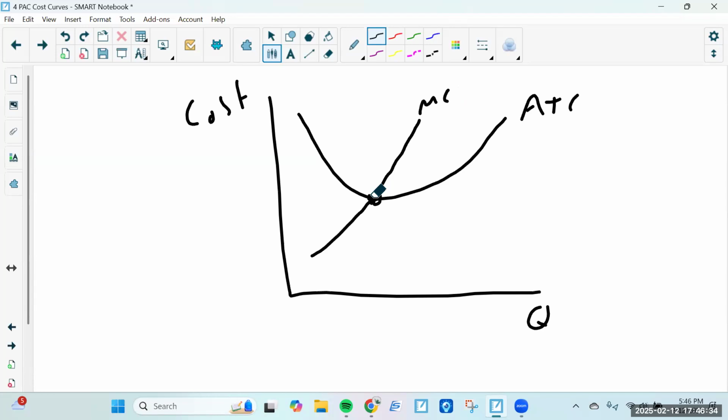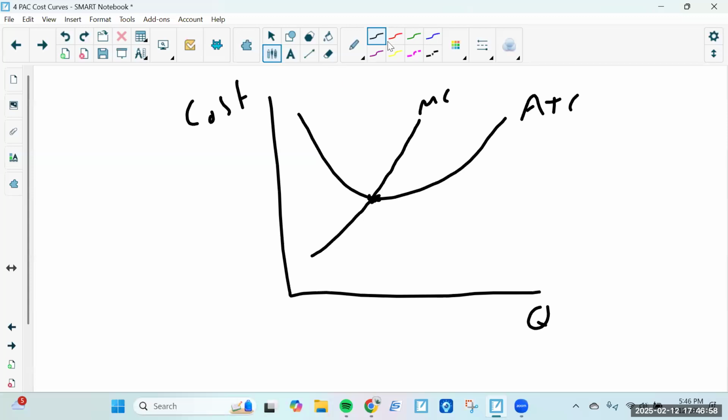Now I'm telling you, on the AP exam, I see this all the time. That's acceptable. If you do it like that, no, that's not acceptable. But just make your minimum. If you look back and you go, oh crap, I'm a little bit to the left because really the minimum is right here, then you can fix it by just making that a little bit bigger, and you're good. Now it actually looks like it goes to the minimum.